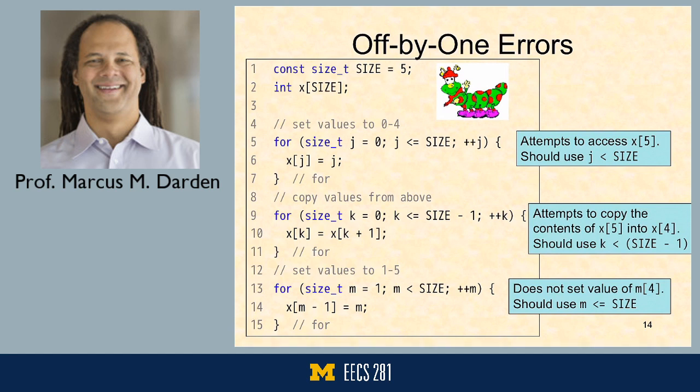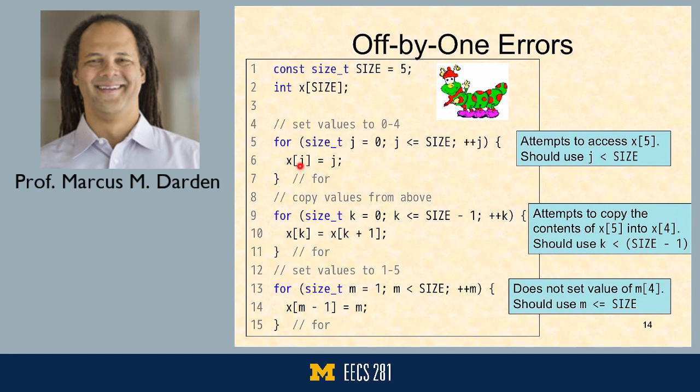This first for loop we see here in line 5, i equals 0, but then j equals 0, but j less than or equal to size. I need to know, why are we doing a less than or equal to? This looks like I'm going to have a problem here, right? And it doesn't end up having a problem at first, because at one point it says, well, hey, when j is equal to 5, that's an okay thing.